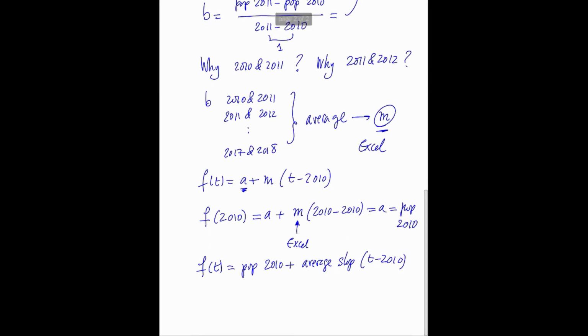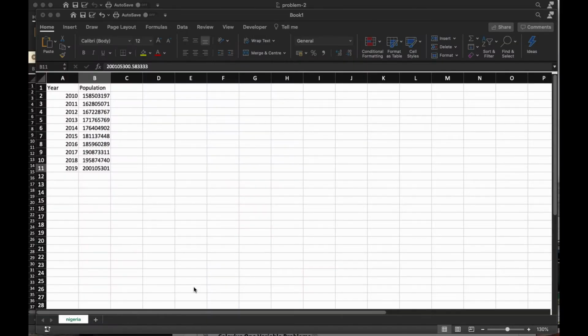And that's what we're going to do with Excel. After finding this formula, we'll put f of 2019 to see whether our approximation is good or not. And assuming it's good, we'll put f of 2020 to predict what the population of Nigeria will be in 2020. So let's go over to Excel, with the population of Nigeria. Before anything else, let's make a graph to see if this really looks like a line.